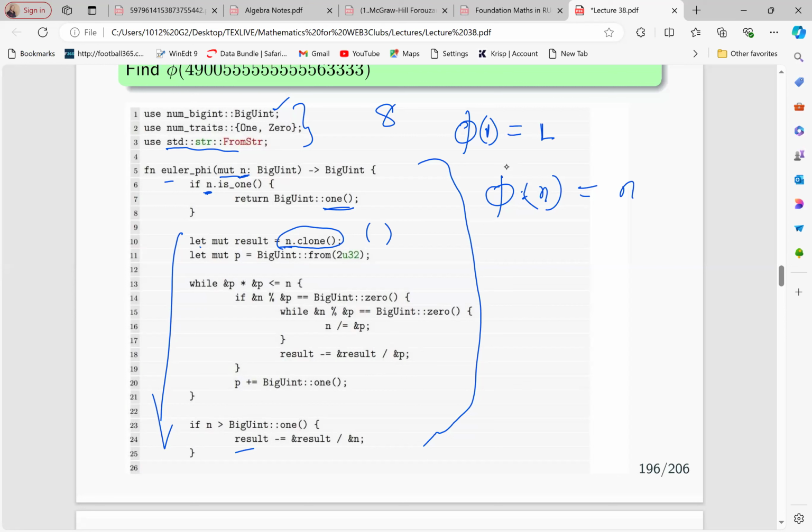Now, that is the first assumption. We've said if n is 1, we already have the result; it prints the result as 1. In cases where n is not 1, let's say n is 8, then we begin by letting our result be 8. But then it will be changing, it's mutable. Then we let a number which is prime, again mutable, be 2.